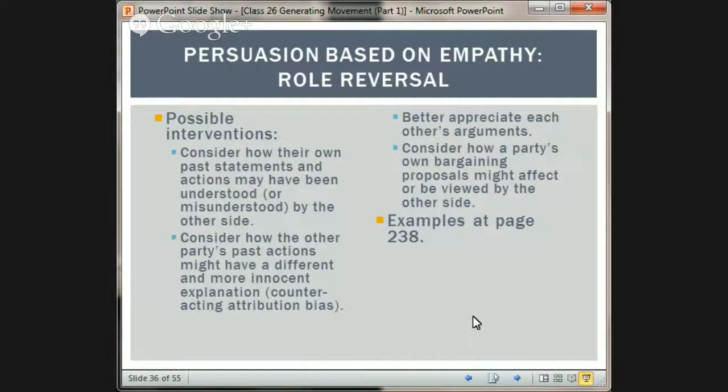And remember, I talked about the late husband. You can ask them to better appreciate each other's arguments, and you can ask them to consider how a party's own bargaining proposals might affect or be viewed by the other side. And there are examples at page 238 if you want to see specific implementation of this advice.